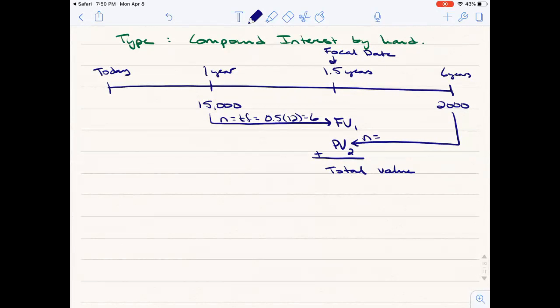And for the next one, the distance between 6 years and 1.5 years is 4.5 years times 12, which is 54. So you always have to keep track of, okay, it's the length of the arrow that I want for my time, right? Not the time ticks.